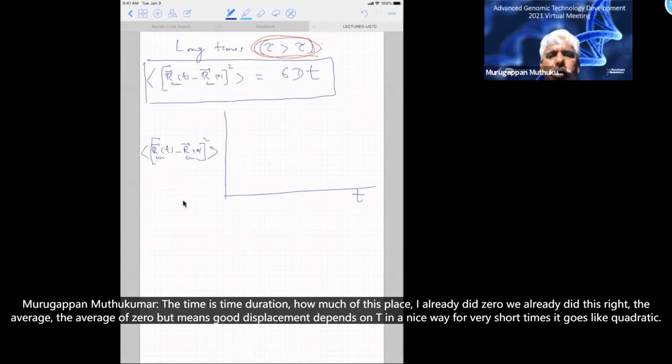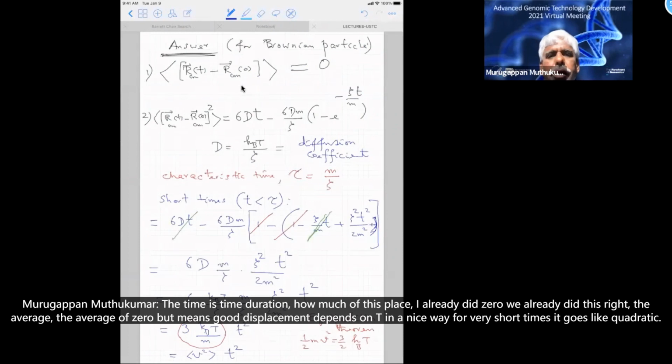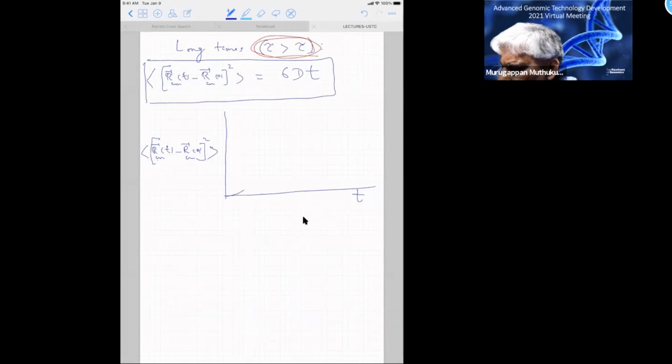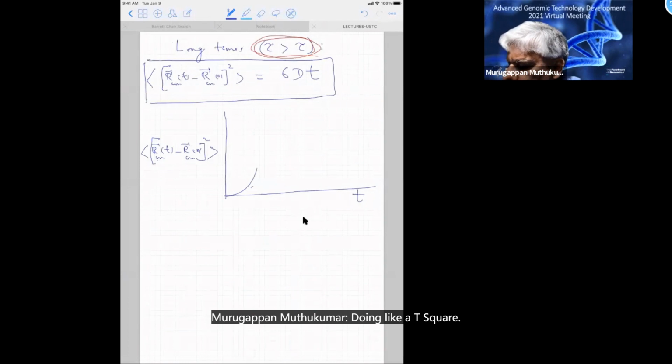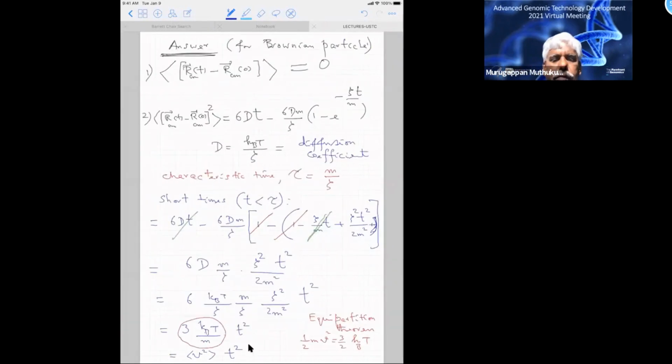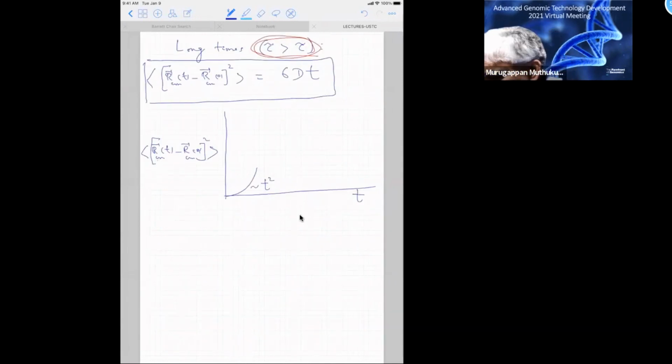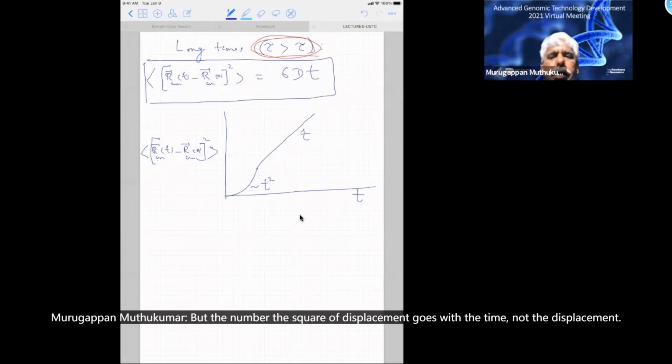The average is 0, we already did this. But the mean square displacement depends on t in a nice way. For very short times, it goes like a quadratic, t squared. That's what we found from here. But for very long times, it goes linear with t. But remember, it is the square of displacement that goes with the time, not the displacement.